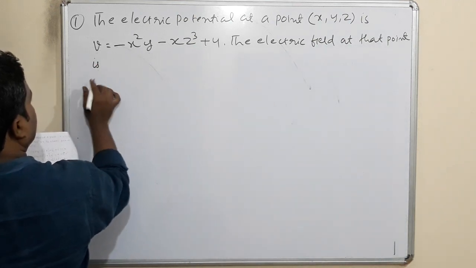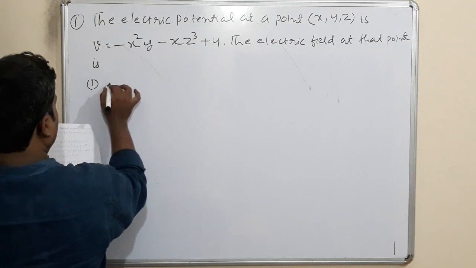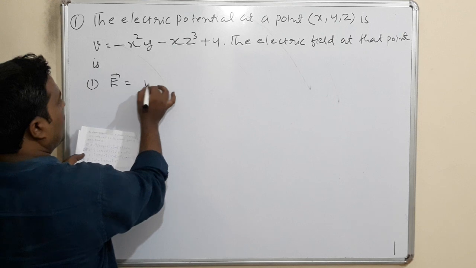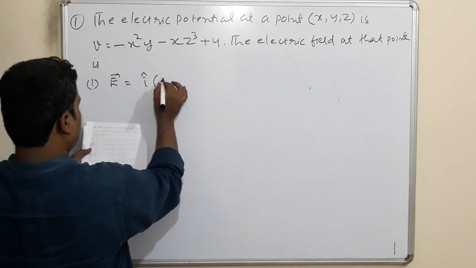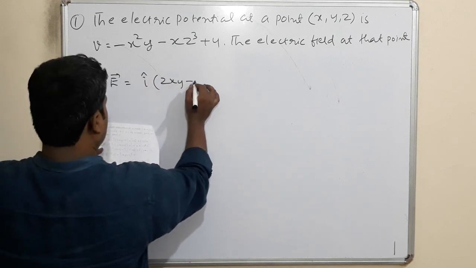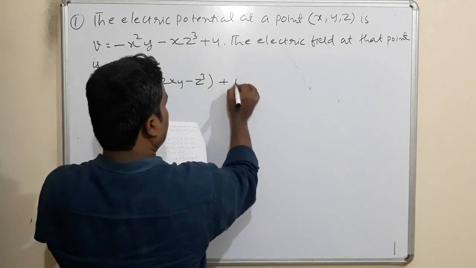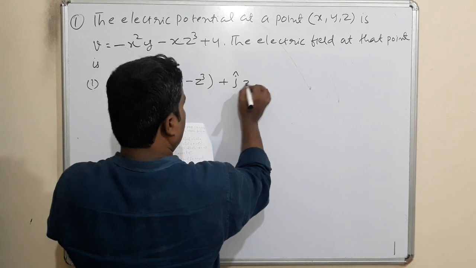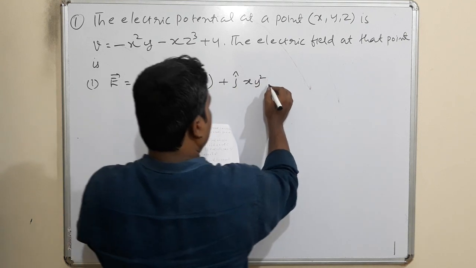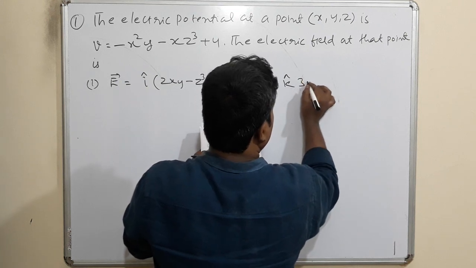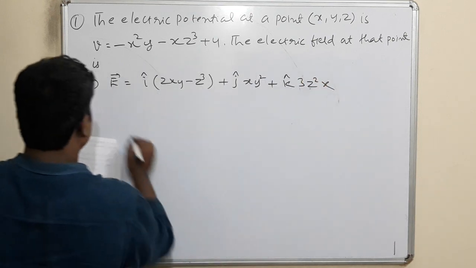Options are given like this. 1: E is equal to i cap (2xy minus z cube) plus j cap xy square plus k cap 3z square x.